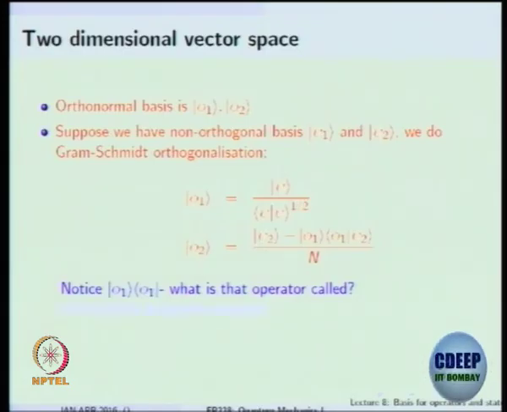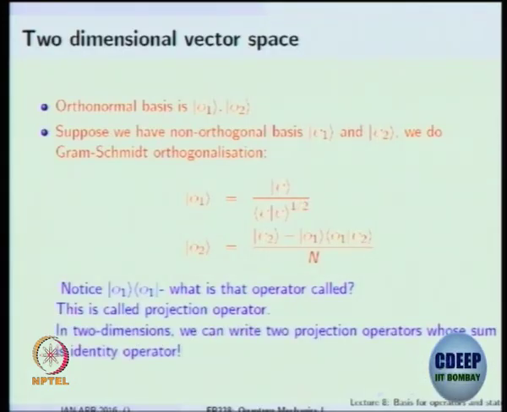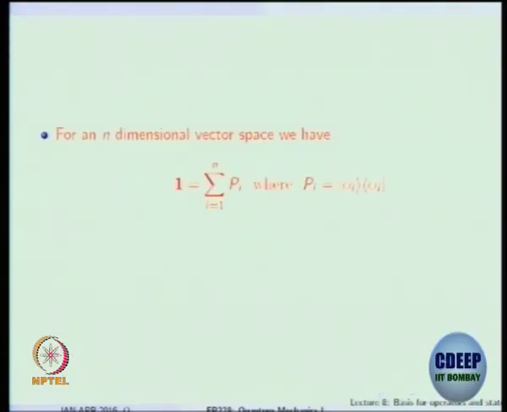This is what we called a projection operator, and in 2 dimensions we can write 2 projection operators whose sum is an identity operator. So, for an n dimensional vector space, you could write n projection operators, and the sum of those projection operators will turn out to be 1.